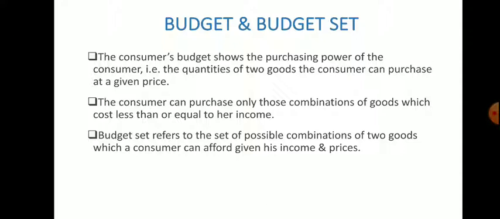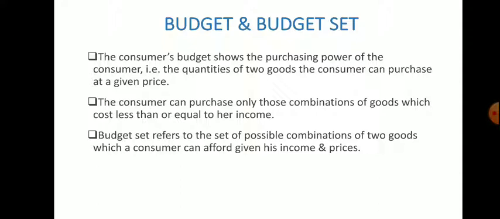Suppose there are two goods X and Y, and the price of each is, say, 1 rupee. If the person is having 10 rupees only, either he can purchase all 10 units of X or 10 units of Y, and in that case he has to sacrifice the other commodity.